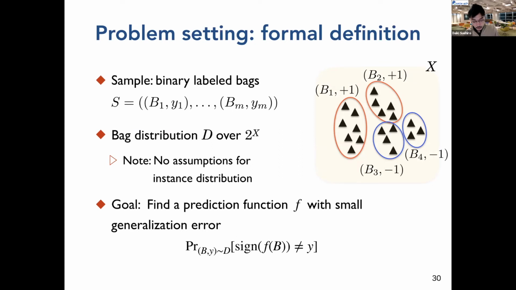And the goal is to find a prediction function, F, with small generalization error. This is a standard multi-instance learning problem.